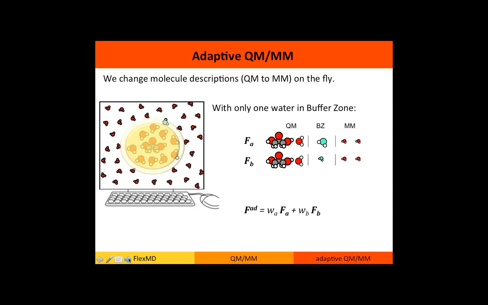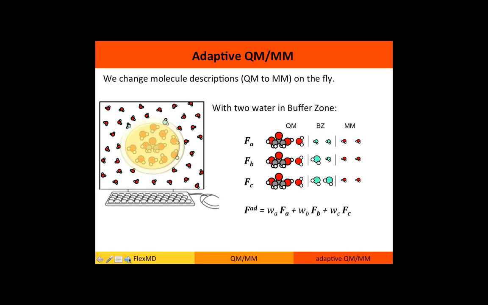We extract the gradients or the forces from these two QMMM calculations, and our final force that we use in our molecular dynamics propagation of the system is a weighted average of these two sets of forces. And the weights, WA and WB in the equation on the bottom, are defined by where the green water molecule is in the buffer zone.